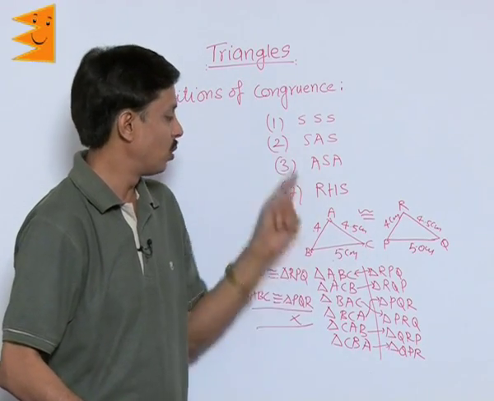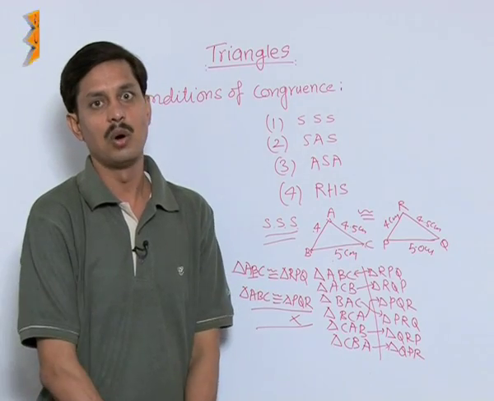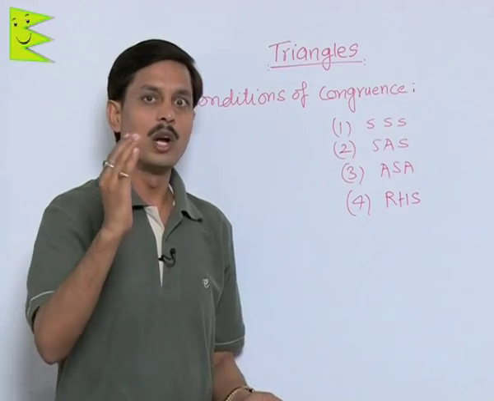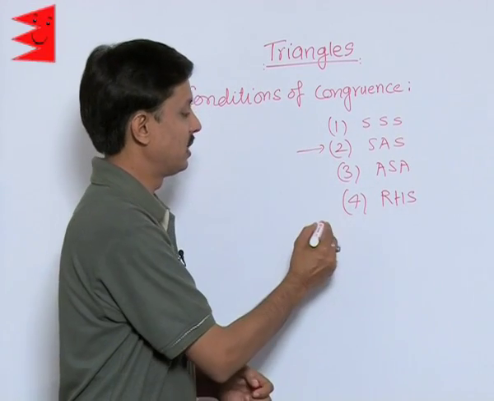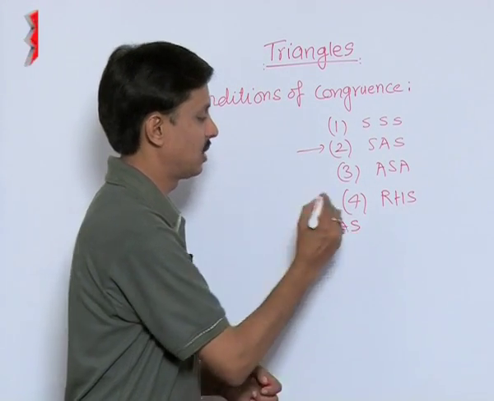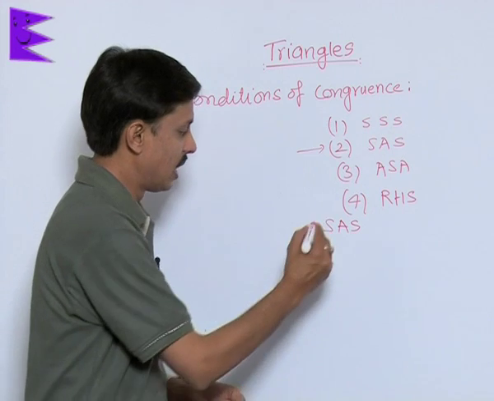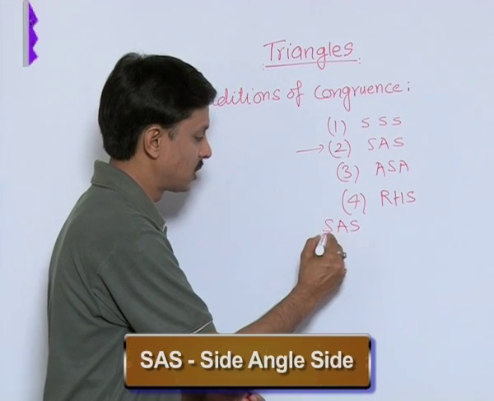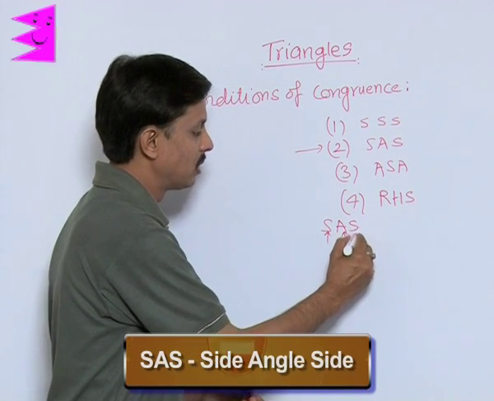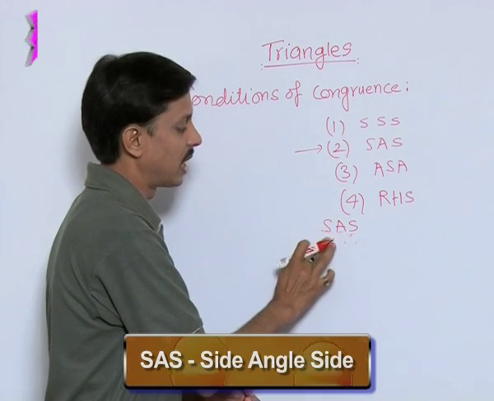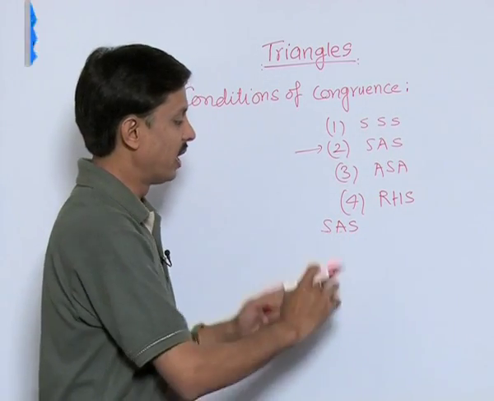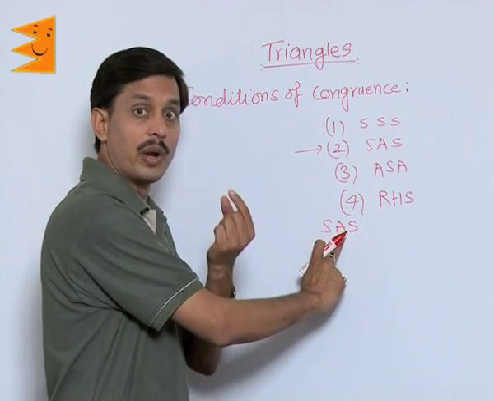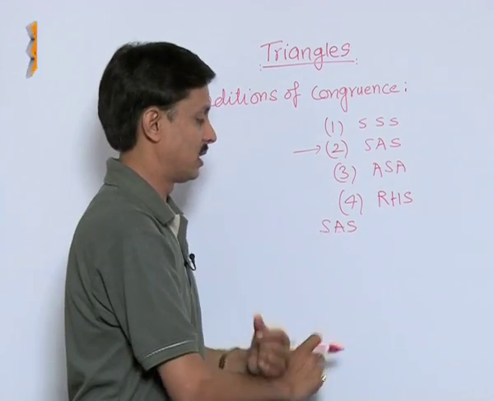Similarly, I will tell you the other 4 conditions of congruency. Now I want to explain the second condition of congruency. What is the SAS condition of congruency? This stands for side, angle, side, where the angle is included between 2 sides.